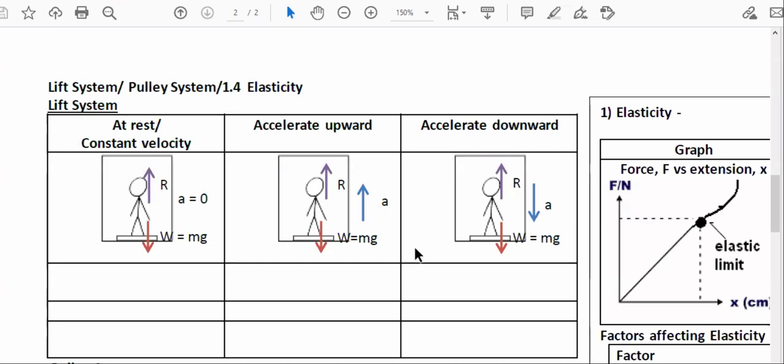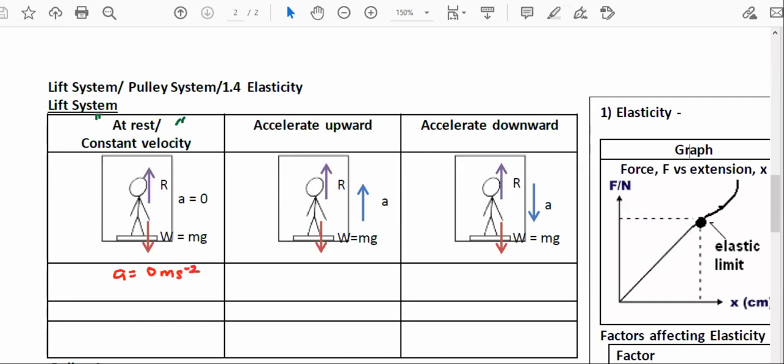Every time when you want to form an equation, you need to know what the forces acting on the person are. In this case, the net force acting on him is actually zero because of this statement: at rest, constant velocity. So you should know one concept, whereby acceleration is zero.